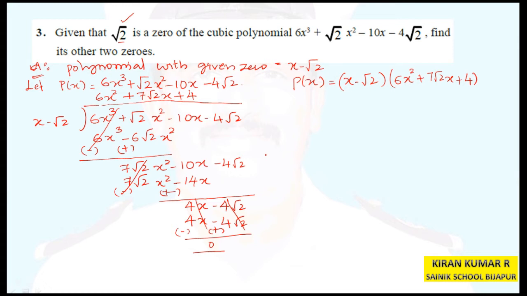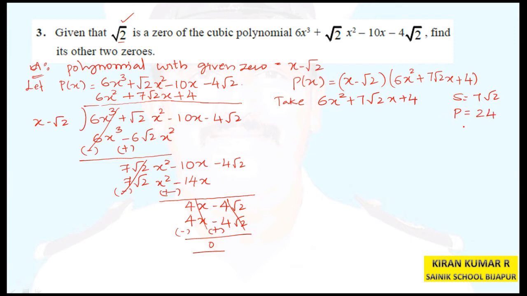Now recall, in 9th class, when we had got this question, we had factorized it. So let me take x squared plus 7 root 2x plus 4 and factorize this by splitting the middle term. Now the sum here is 7 root 2 and the product is 4 times this.